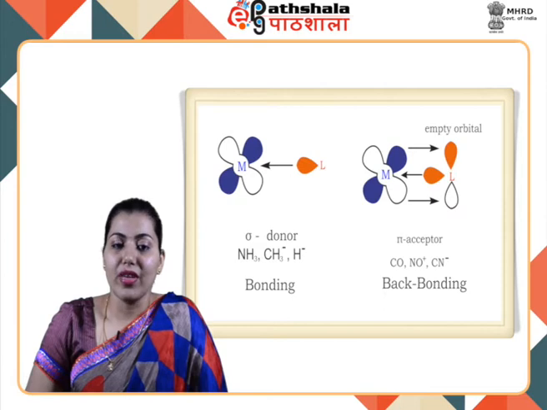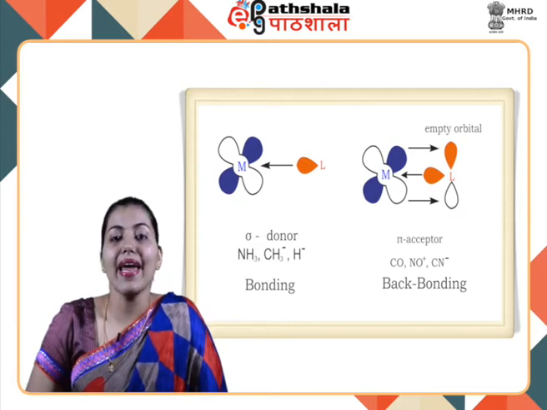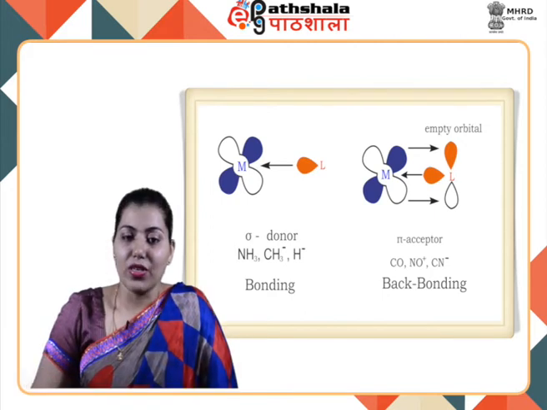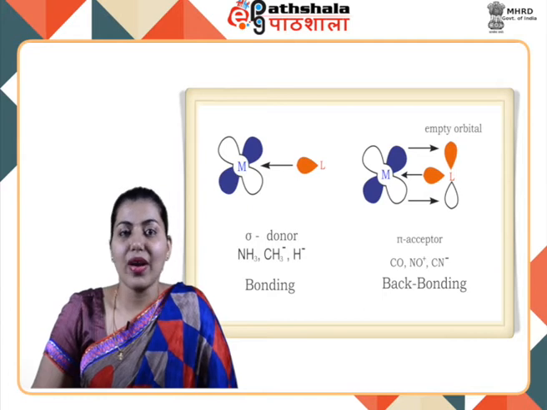Here in figure 3, the concept of donation and back donation in pi acceptor ligands has been shown. A sigma donor and a pi acceptor type of ligand have been shown. The examples include NH3, CH3 negative and H negative, whereas for pi acceptor type of ligands, the examples include CO, NO plus and CN minus.